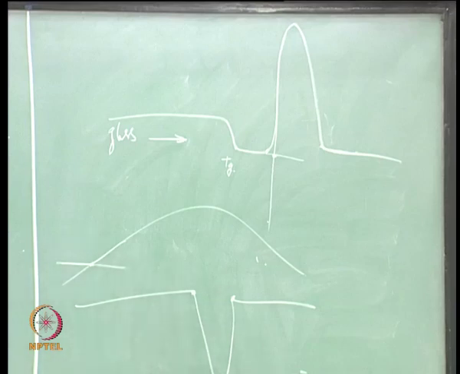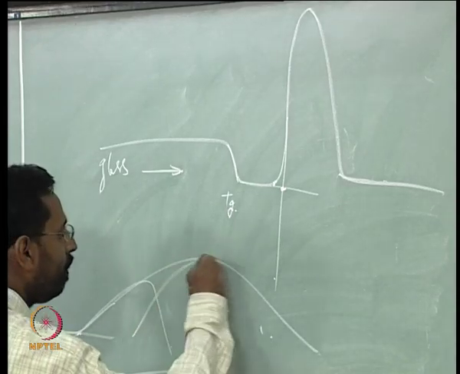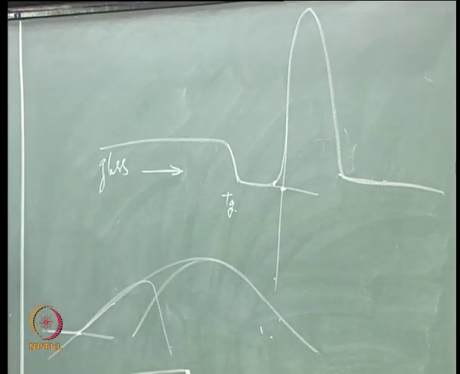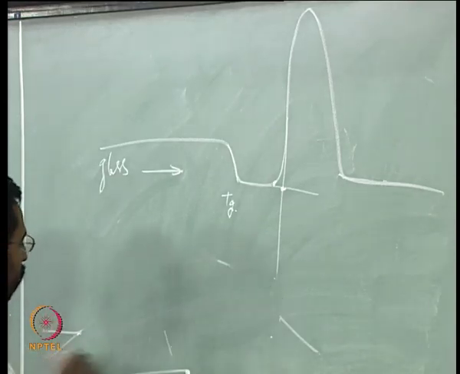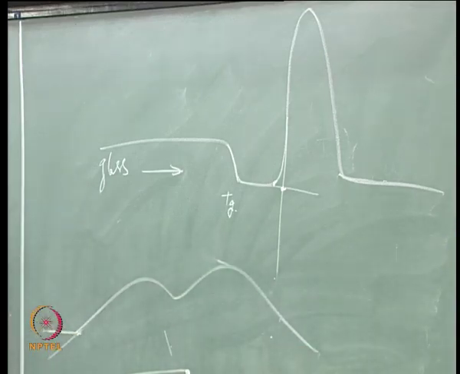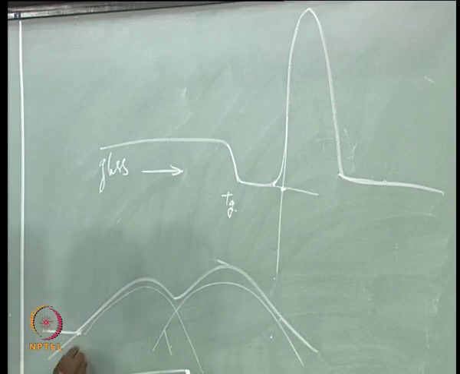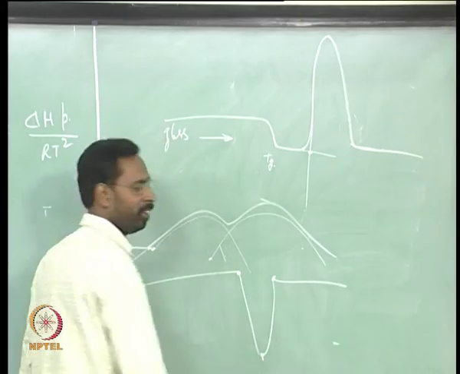Some places it is more difficult to see, particularly where you have two peaks overlapping, something like this. In such a case, finding the onset is very difficult. Then what I should do in principle is deconvolution, make it two peaks, and find the onset for each.